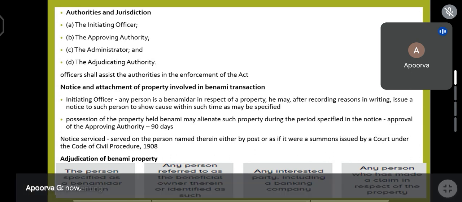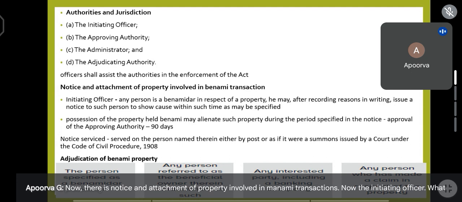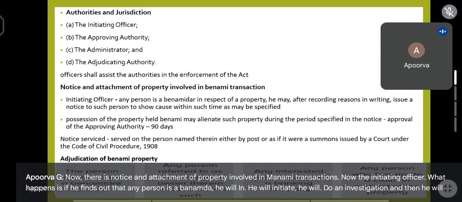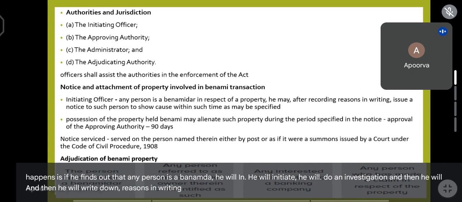Now, there is notice and attachment of property involved in benami transactions. The initiating officer, if he finds out that any person is a benamidar, will do an investigation, write down reasons in writing, and issue a show cause notice to the person.